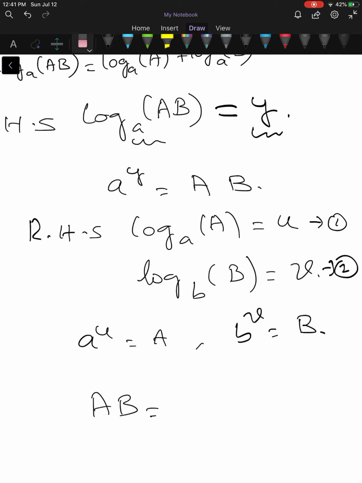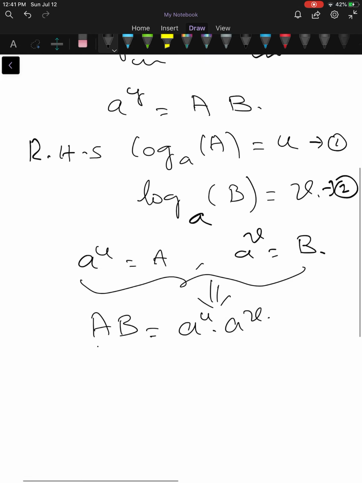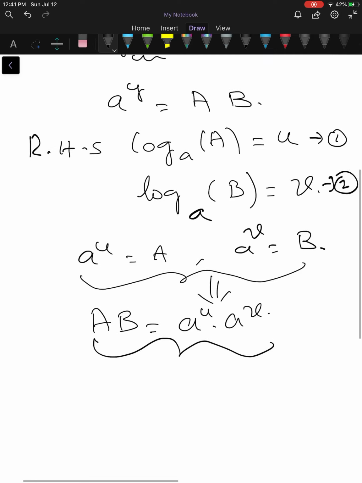So what happens to AB? Because the bases are the same, AB in exponential form will be nothing but a^u times a^v.